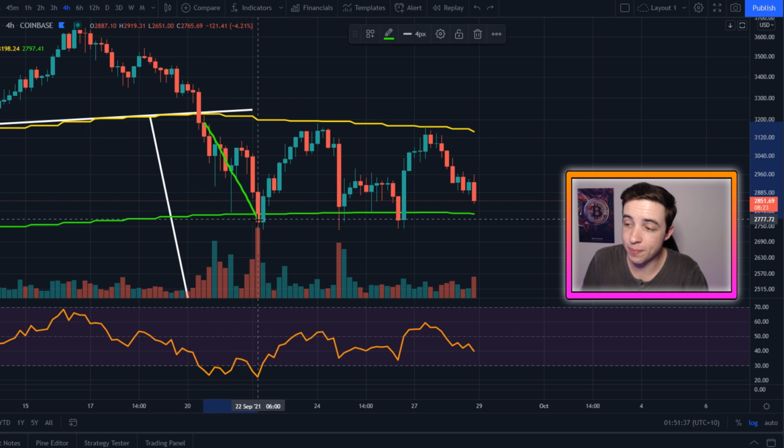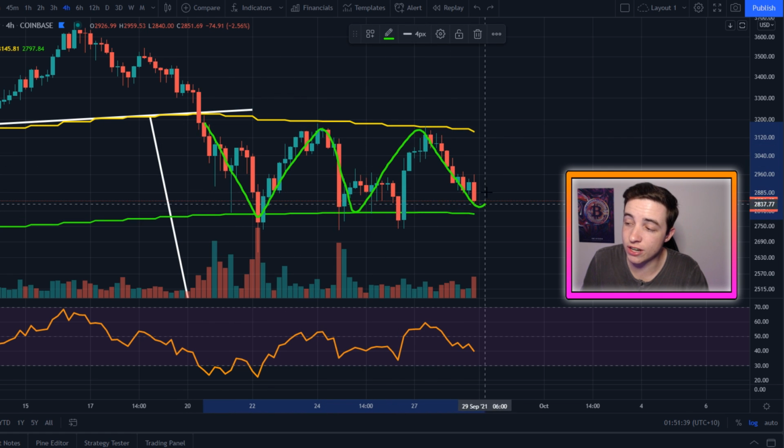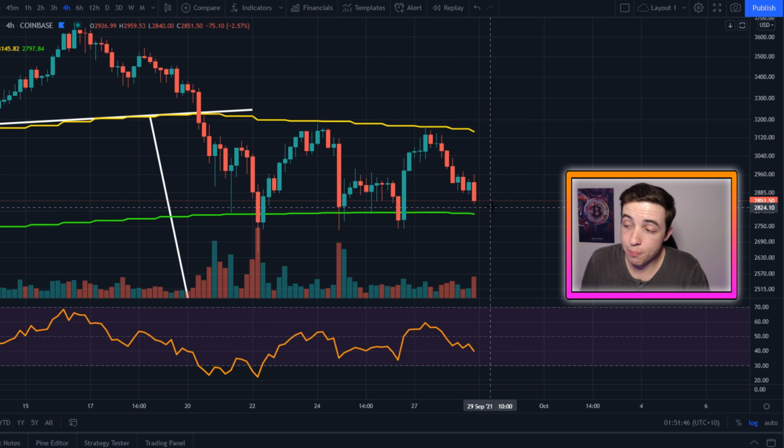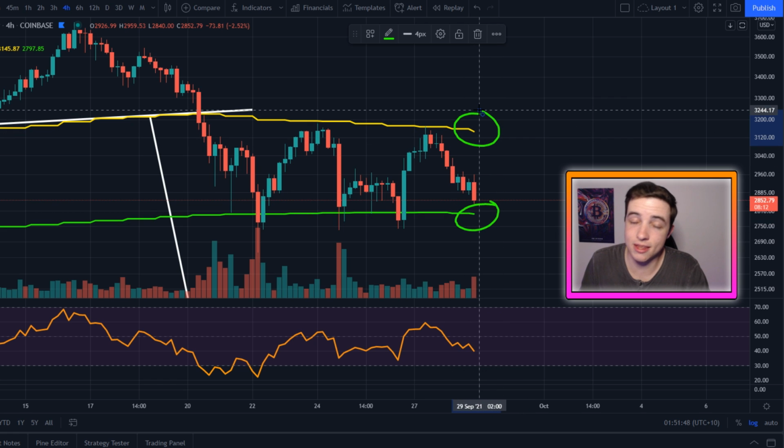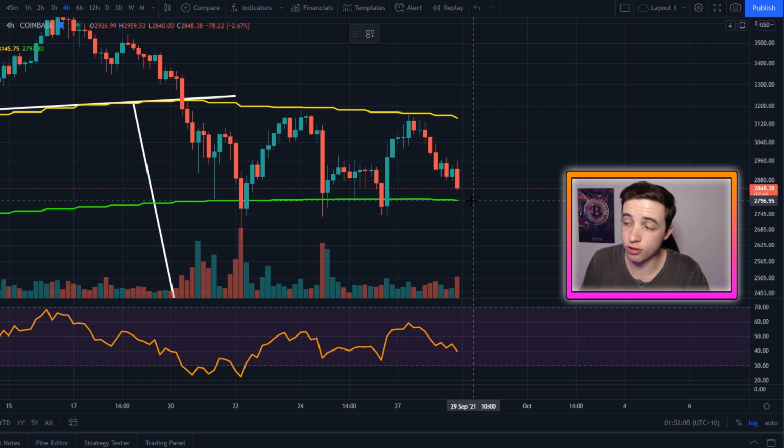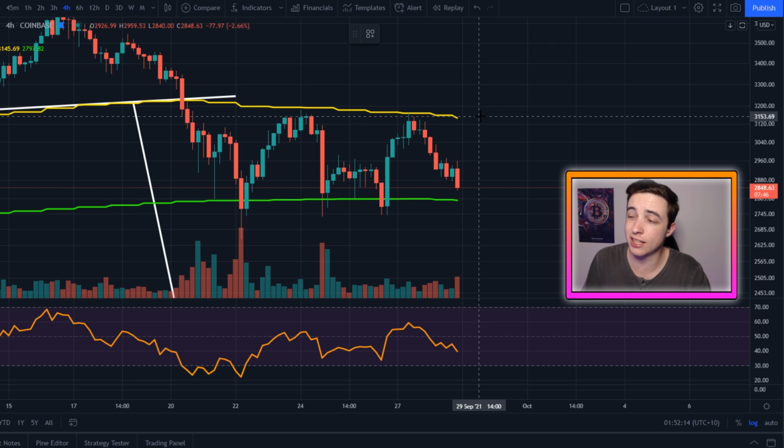And obviously over the past 1 week, that's played out very nicely here. And it's only when we either break the support or the resistance that Ethereum is going to choose its next major move, obviously. And just updating you guys on the actual price levels for these moving averages, the support is coming in at roughly around 2.8K, and the resistance is coming in at roughly around 3.1, nearly 3.2 thousand.